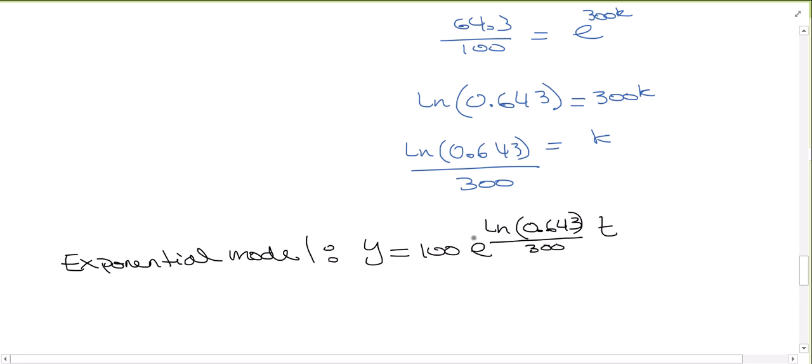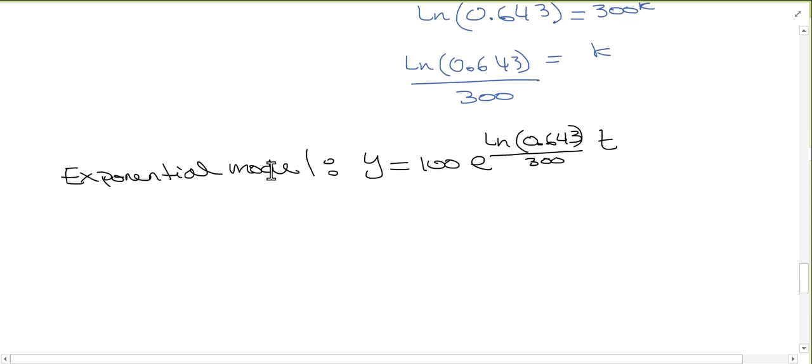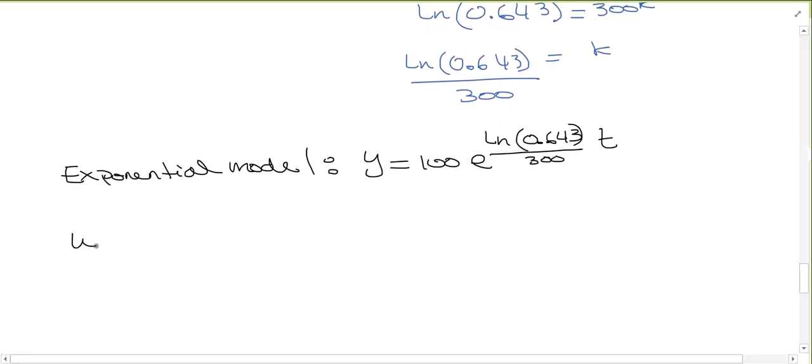This is our y equals c e to the kt, so this is our exponential model for this particular isotope. And so we want the half-life, so we want to know the value of t when we have 50% remaining.